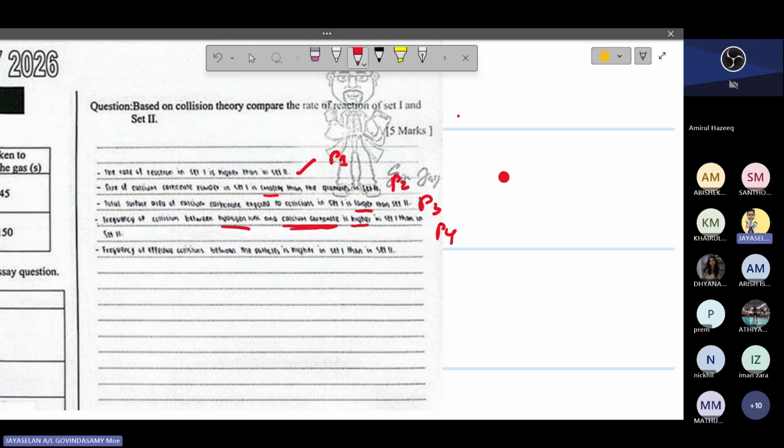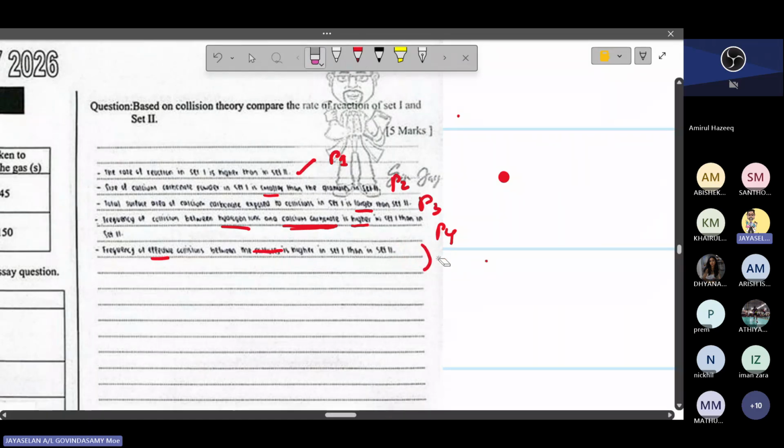So she scores 0.4. The frequency of effective collision between the particles here, you must also state this part, follow this one. So here you lost 1 mark. If you can, try to follow Dina.